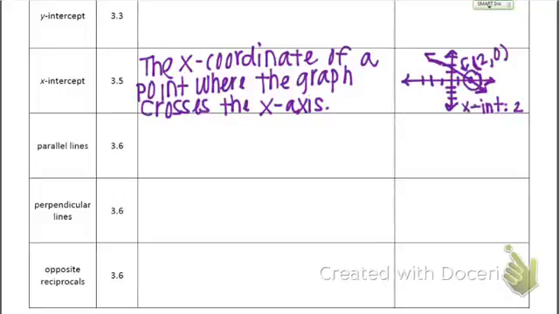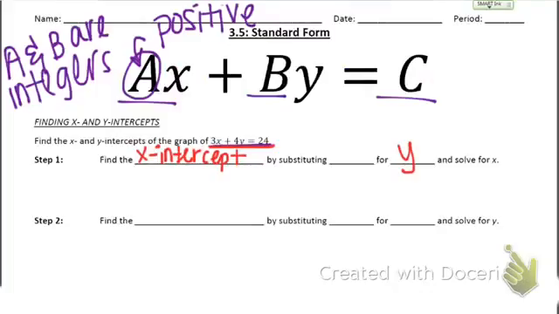Do you think that will always be the case? Yeah, because on the x-axis, the y-coordinate is always 0, right? Because you don't have to go up or down at all to get to the x-axis. So to find the x-intercept, we plug in 0 for y, and then we solve for x. So we're going to do that.